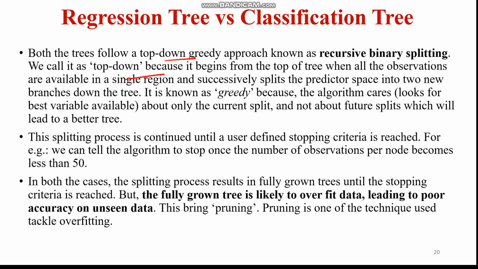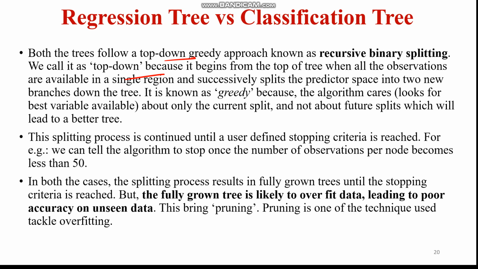Both of the trees follow the top-down approach, also known as recursive binary splitting. It is used because we begin at the top of the tree with all observations in a single region, and successively split the predictor space into two branches down the tree.